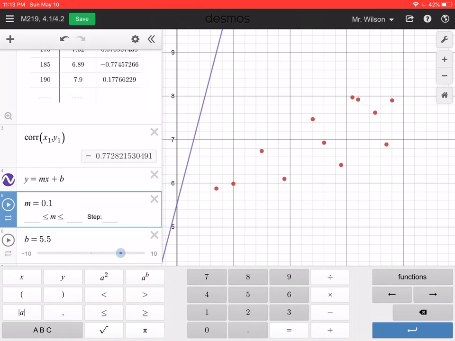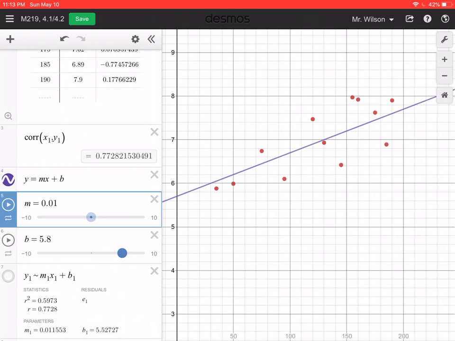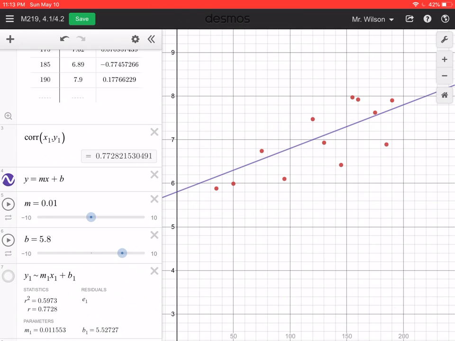Let's try, let's see, 0.1, now 0.01. Ooh, okay. Now we're talking a little bit. The b value, maybe bring it down a little bit. Somewhere kind of like in there.